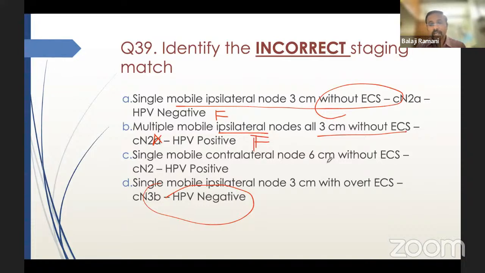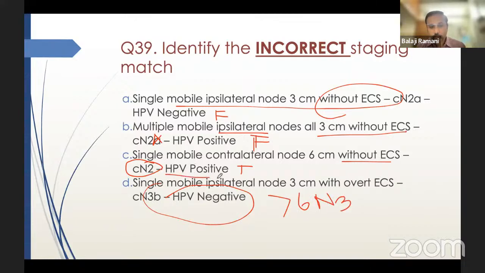Single mobile contralateral node 6 centimeter without ECS in HPV positive is N2. What about this one? Yes, this is true. Remember, my friends, the node has to be more than 6 centimeters to be called N3. So this is still an N2 node only. More than 6 only will come under N3.